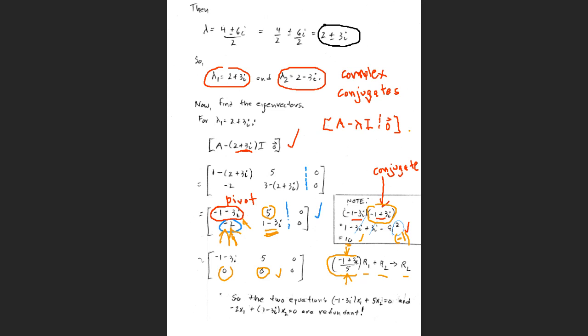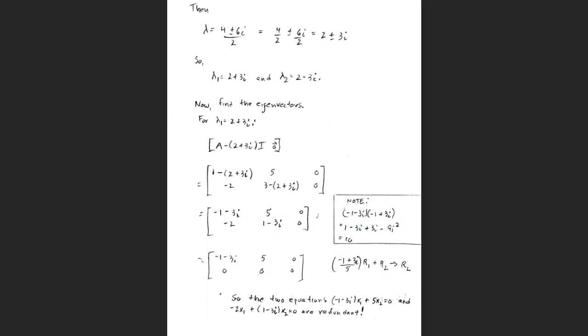They are redundant due to the fact that when you know one complex number, you know the conjugate. Well, knowing, let me just put this here.